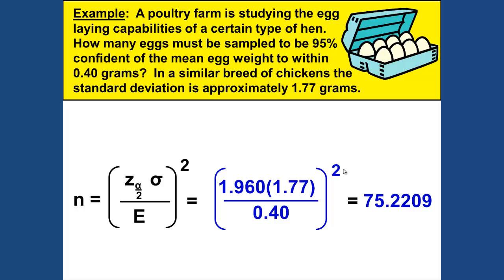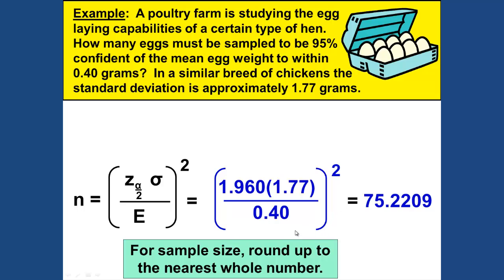So since we cannot study half an egg or weigh half an egg and make it a legitimate part of our sample, a sample has to be a whole number, and therefore 75 is not enough. So the smallest sample size that would be enough would be 76.